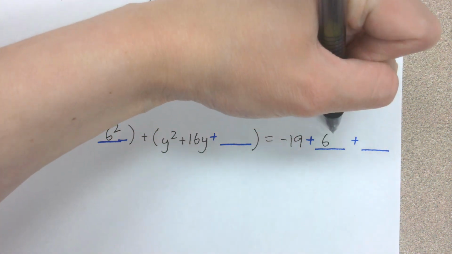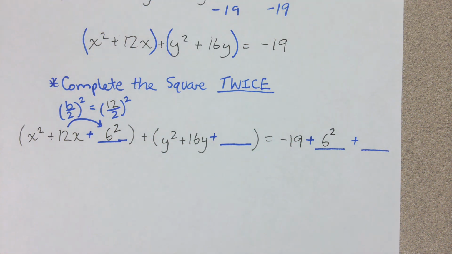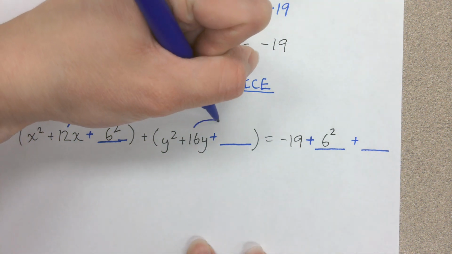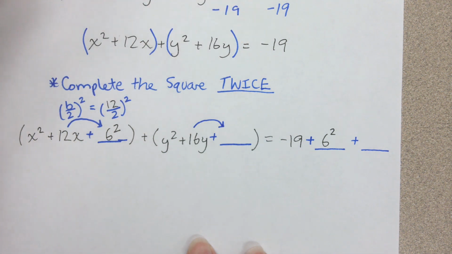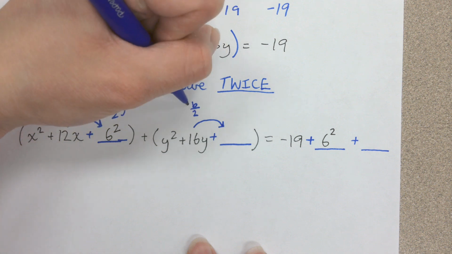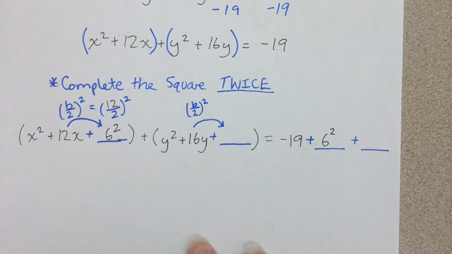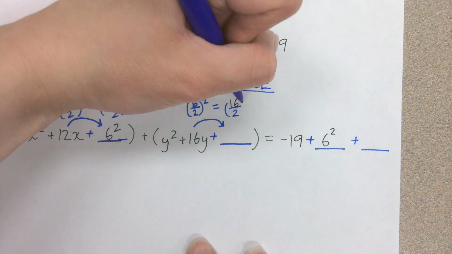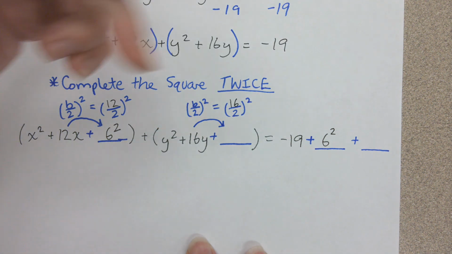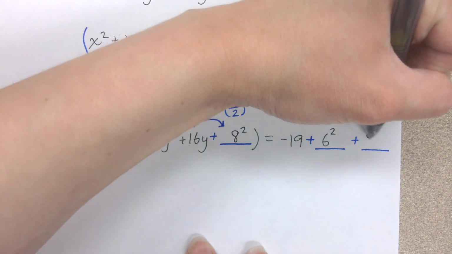I'll go ahead and fill that in on the right side as well. And then I'll do it again for the y's. b over 2 squared. This time b is 16. So it's 16 over 2 squared. And 16 divided by 2 is 8. So 8 squared is the other term.